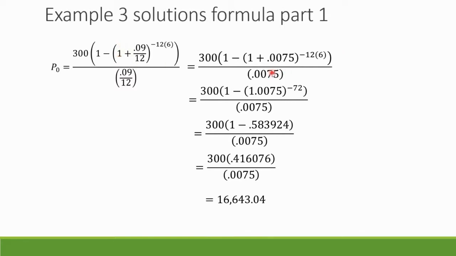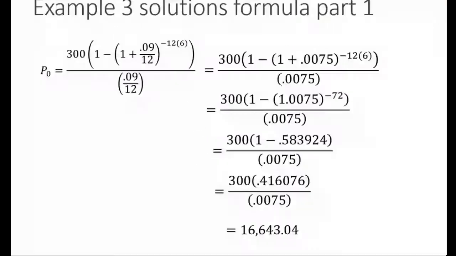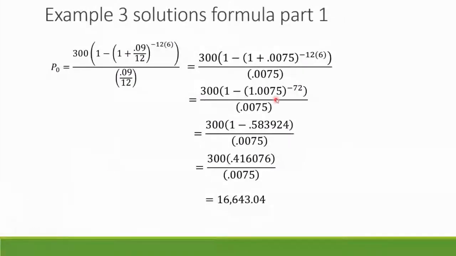We have 1 plus 0.0075, that's 0.09 over 12. Next, we added those and got 1.0075. So we have this. Negative 12 times 6 is negative 72.